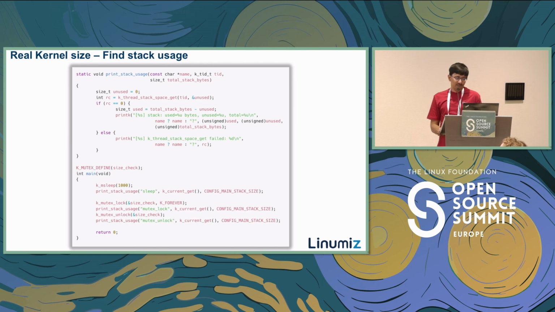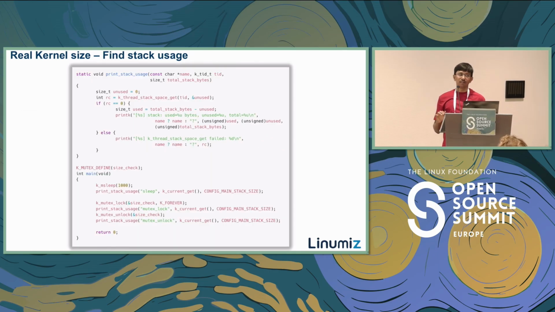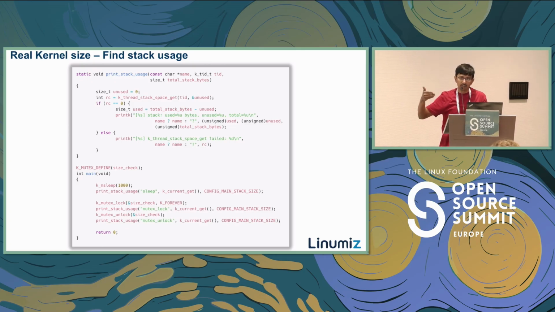There is a set of methods already part of Zephyr, where you enable stack canaries. I'm not sure how many of you are aware of the stack canary method, which simply put: you have a stack of, let's say, 256 bytes. Before the thread starts using this stack, the whole stack is filled with the same value, let's say 0xaa, which is the default value and you can change it.